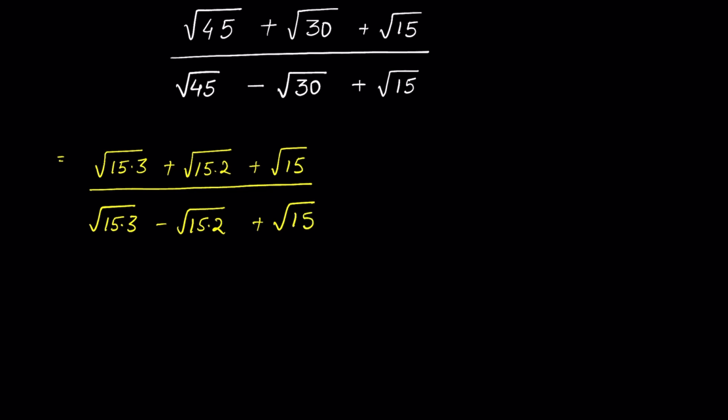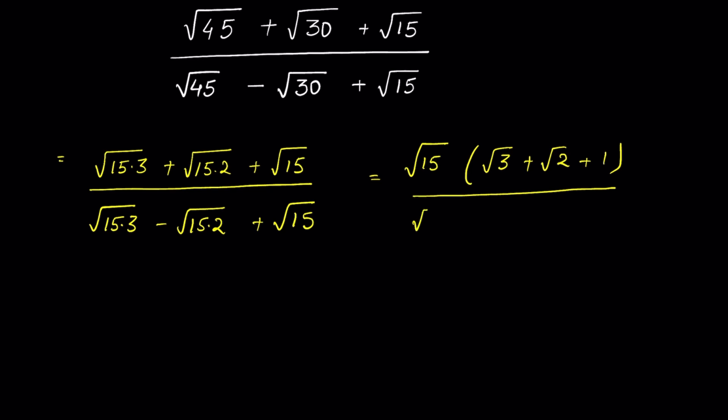Now here we can take square root of 15 common, so square root of 15 (square root of 3 plus square root of 2 plus square root of 1), or simply 1, upon square root of 15 (square root of 3 minus square root of 2 plus 1).